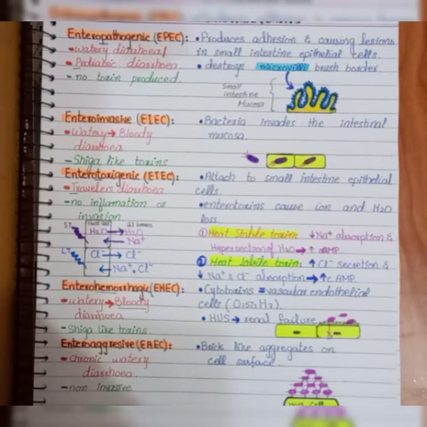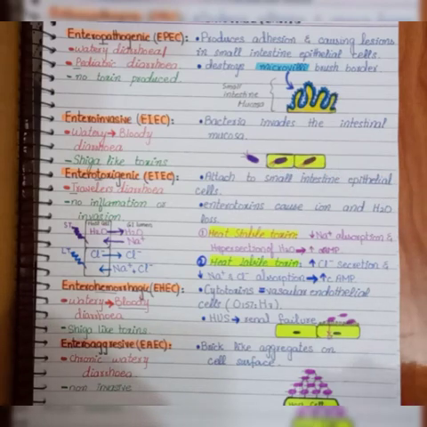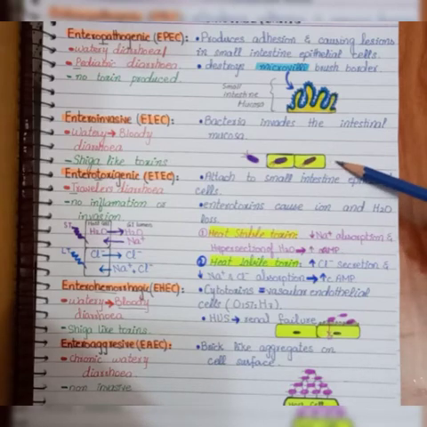When the bacteria enter, they will invade the intestinal mucosa like this. Here we are going to have large intestine involvement, because when bacteria invade, they will enter into the large intestine, where they cause the invasion.